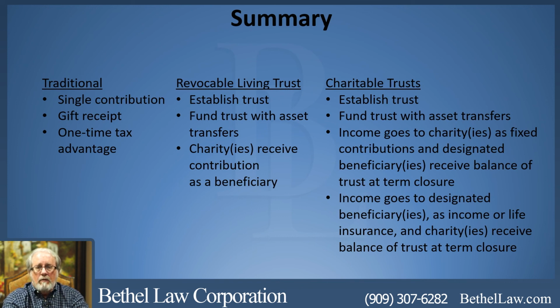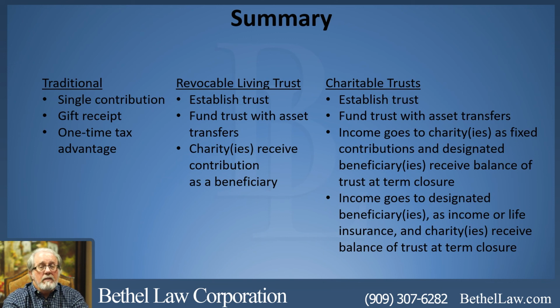Now, you'll notice that if we use the charitable lead trust, income goes to the charity throughout the lifetime, and the corpus gets returned to the family. If you use the charitable remainder trust, the family ends up receiving the income through the term of the trust, but at the end of the term, the charity ends up with the corpus that is donated to the trust itself.